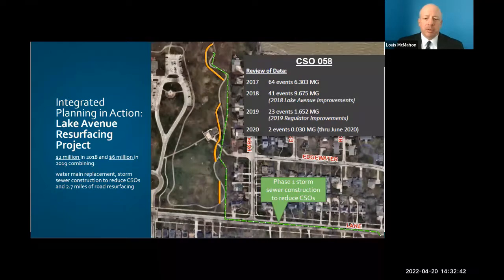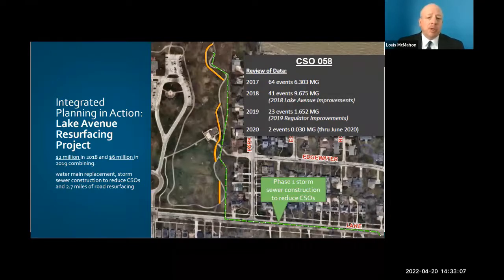We wanted to resurface Lake Avenue, a major east-west thoroughfare. And in doing so, this was sort of, let's be fully integrated. We built new storm infrastructure that was going to be later in our plan at the same time that we replaced 100-year-old water lines, took out lead service lines that were connected to them, and rebuilt the road for the next 50 years plus.